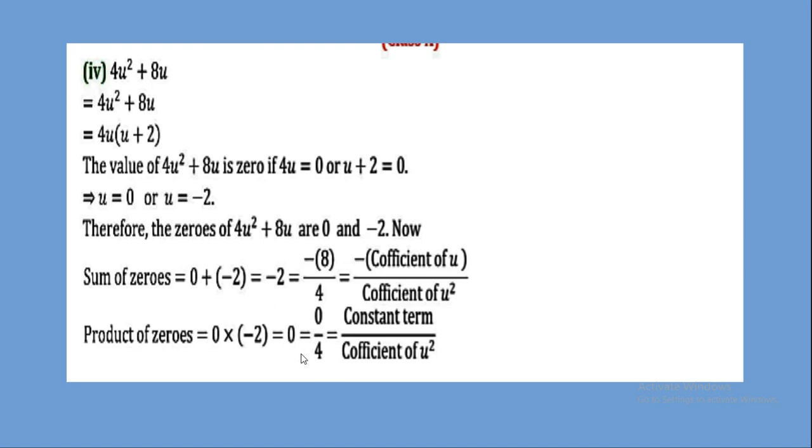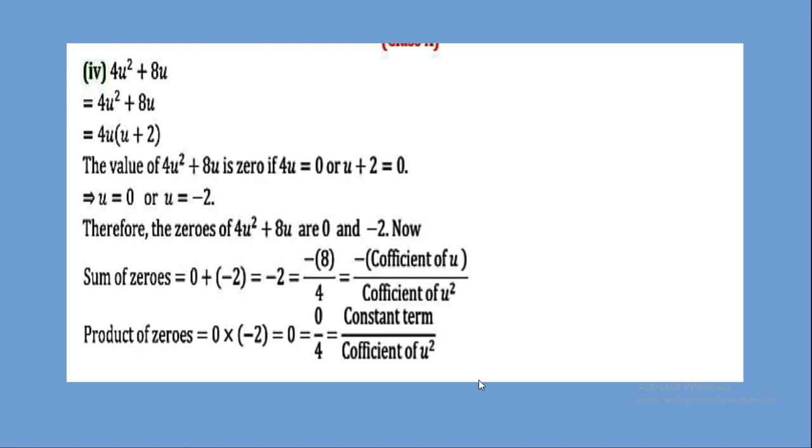So 0 by 4 is also equal to 0. So we can verify the product of the zeros as equal to constant term by coefficient of u square. Thus we verify the relationship between the zeros and the coefficients of this polynomial.